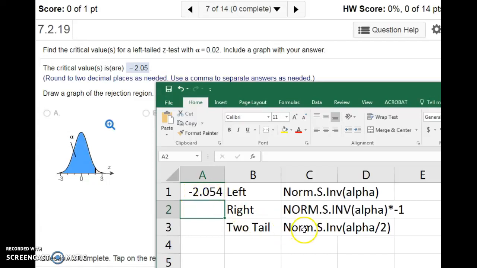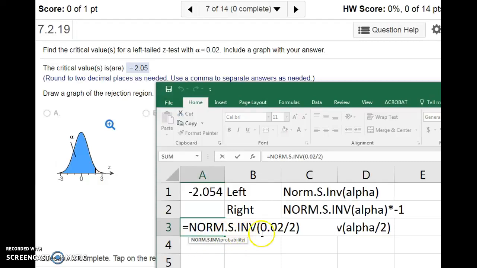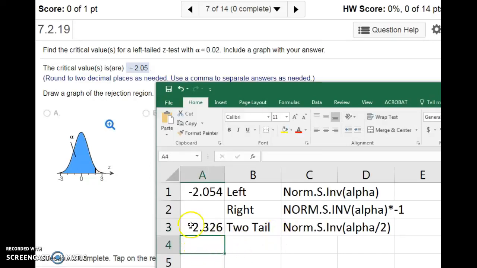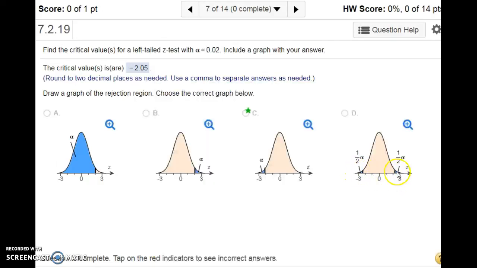Now for a two-tail test, if I wanted there to be 0.02 split between both tails, what you need to do is divide your alpha in half, because you want half of it to be in each tail. So you use the same formula and just make sure you divide your alpha in half. Split it between the tails. So it gives you the left-hand critical value back, and the right-hand one would just be the positive version of that. So that would be like this picture.